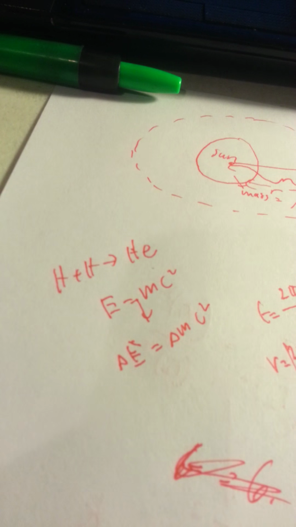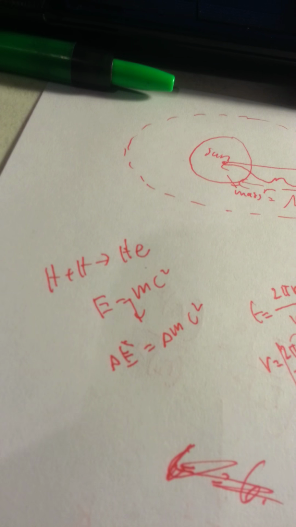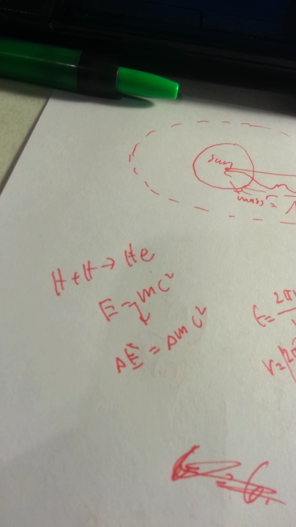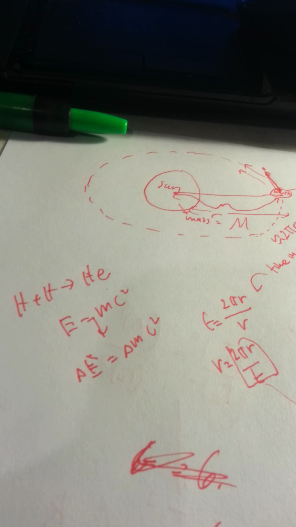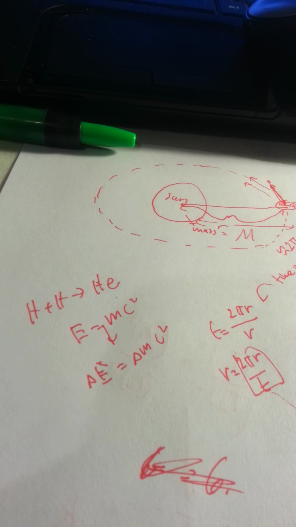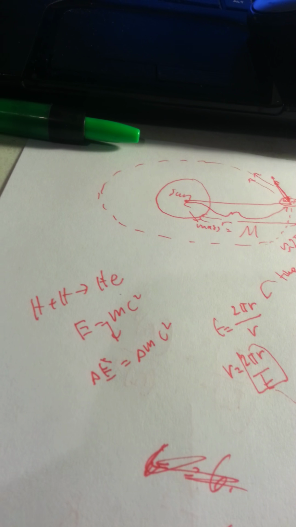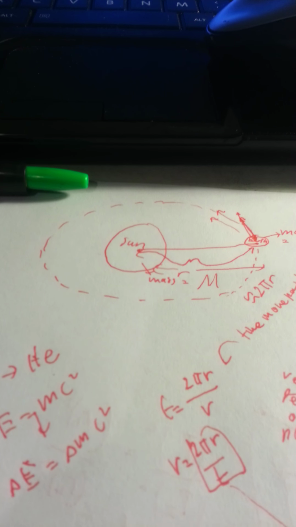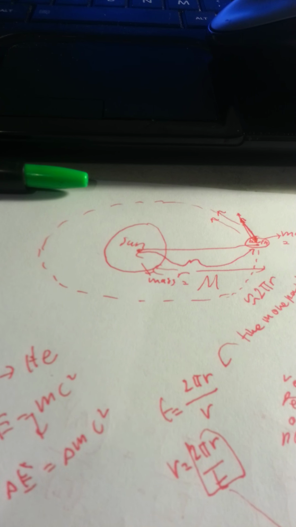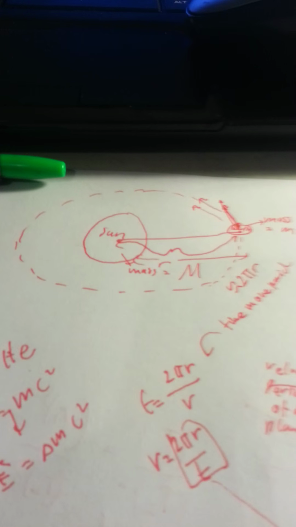Whenever you're dealing with fusion or fission, the mass of the total reaction always changes, but not by a significant amount. So we can ignore the mass of the sun changing, because it's not that significant.